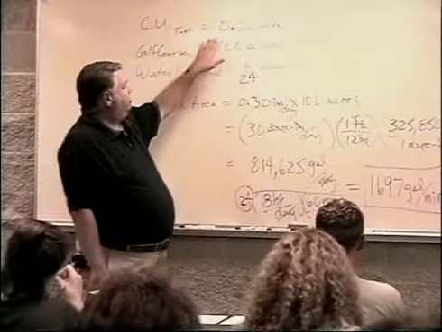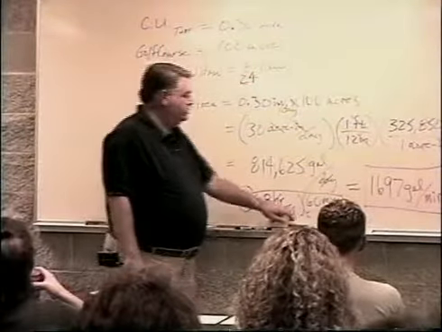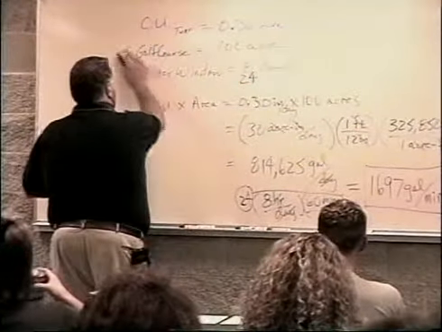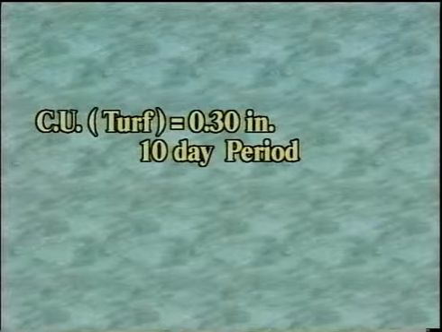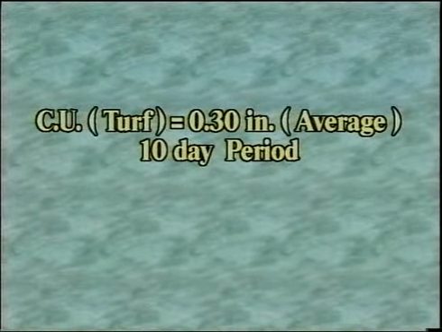Now we can calculate, say we had 10 days and we averaged this value. We'll go one step further here. Say this was 0.30 inches, and it was a 10-day period. We'll say that was the average for a 10-day period, okay?